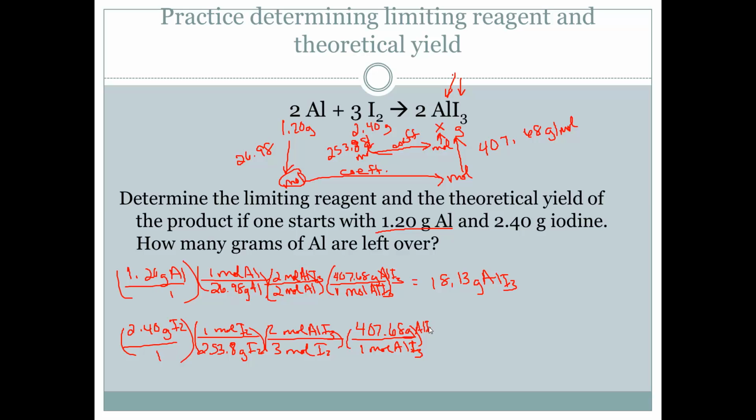So 2.4 divided by 253.8 times 2 divided by 3 times 407.68 comes out to be 2.57 grams of AlI3. Notice it's a smaller amount, so that means the iodine is the limiting reagent, and this is the theoretical yield.